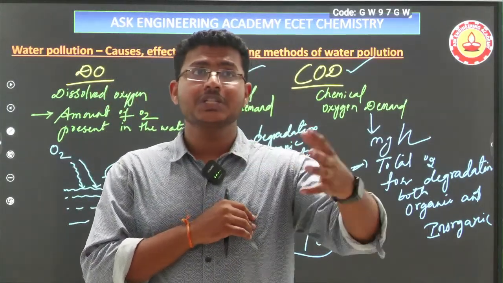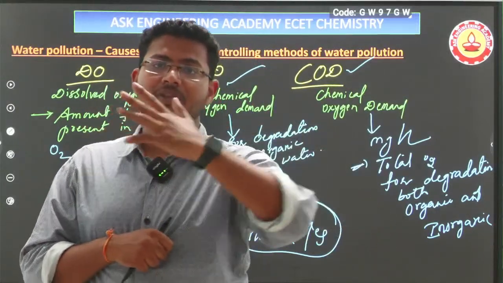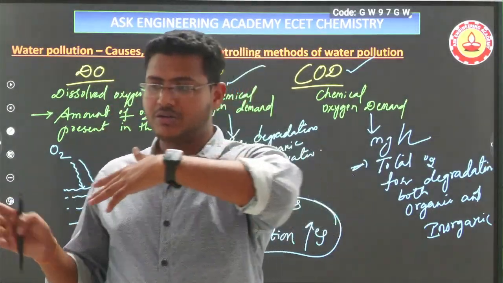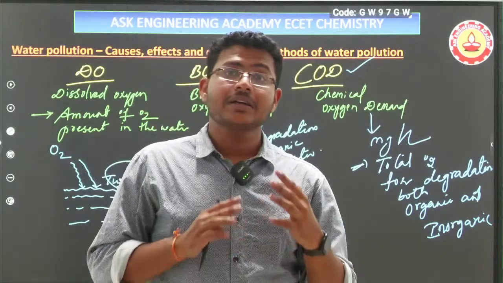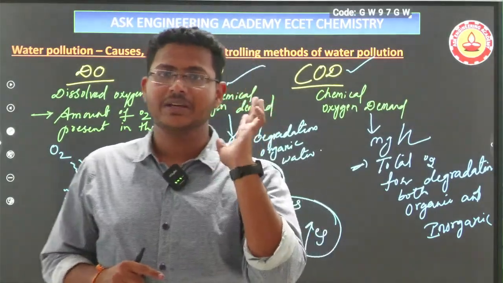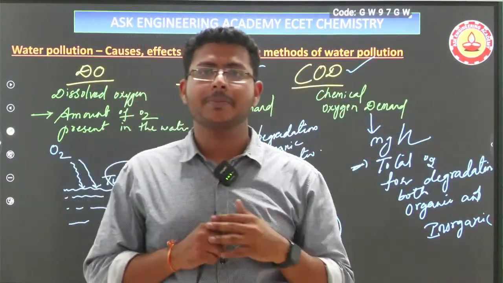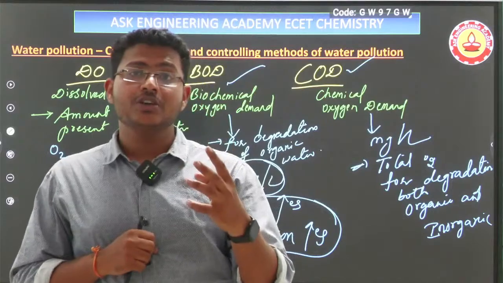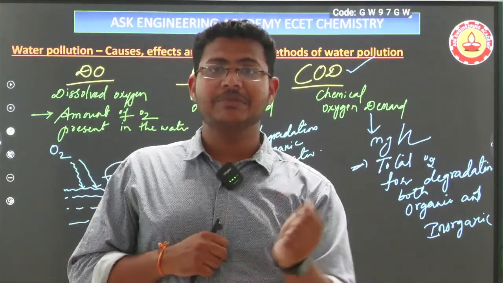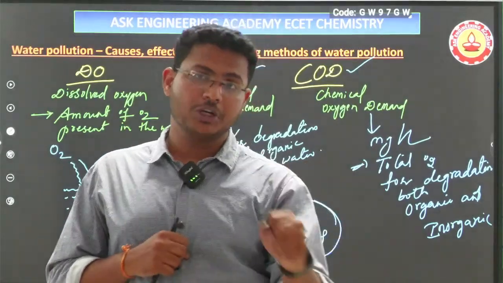The usage of industries is increasing, and the wastewater is directly transported into the water bodies, so proper disposal of wastewater is the primary measure in order to control water pollution. Second one, usage of eco-friendly fertilizers and pesticides that do not cause any harmful effects to water bodies.